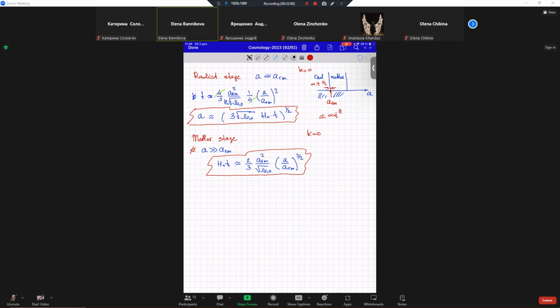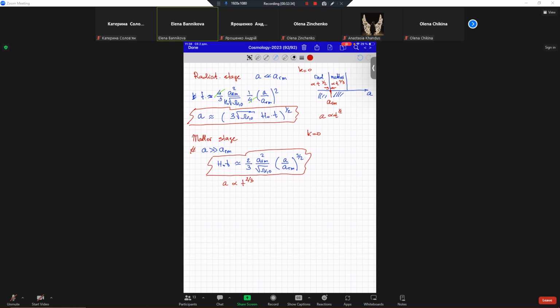In this case, we can see that A is proportional to T to the power 2 divided by 3, so we can put T^(2/3) here. You can see that the universe, when we pass from one stage to another, starts to evolve with different laws.